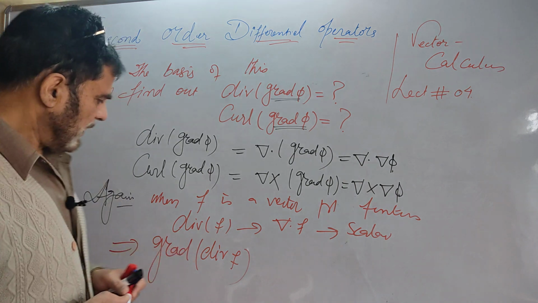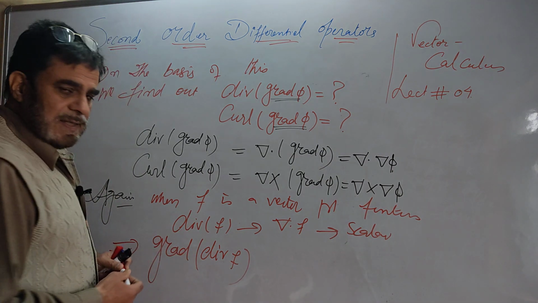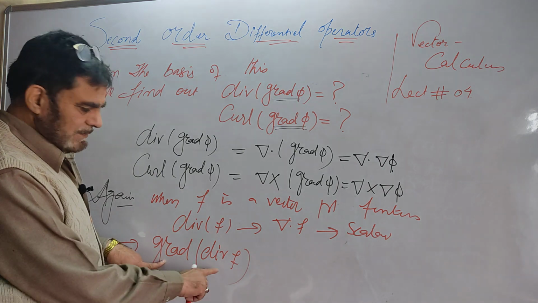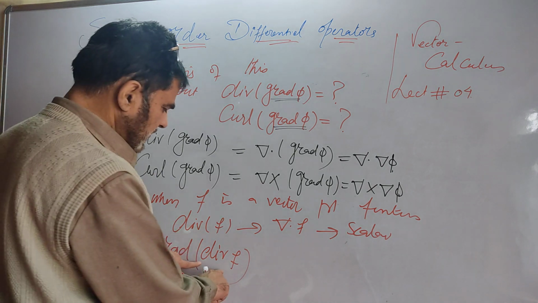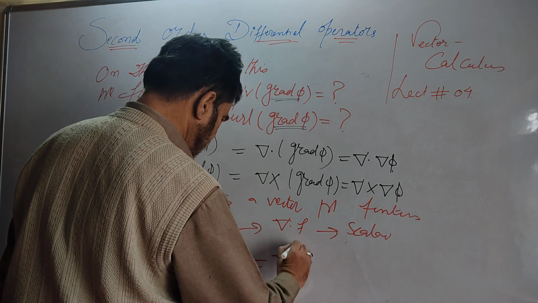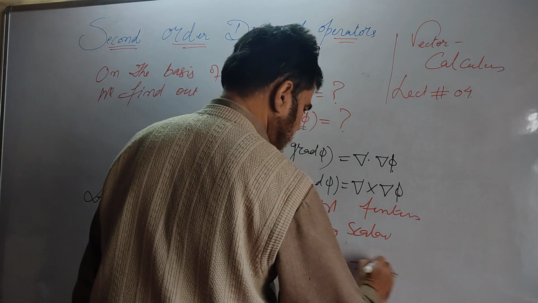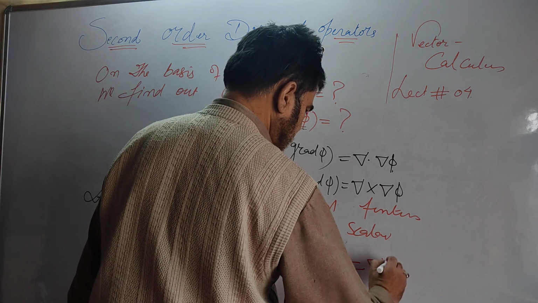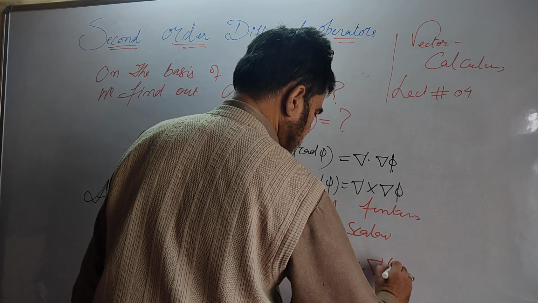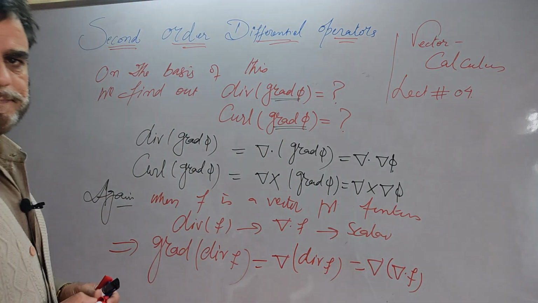Do you follow? So this is the gradient of what? Divergence of f, because this is a scalar. So this is your del of del dot f. This is how we go.